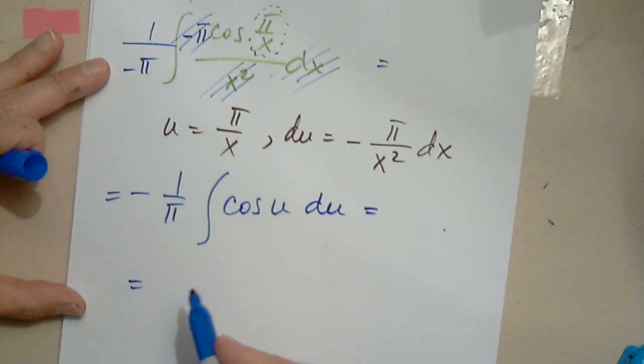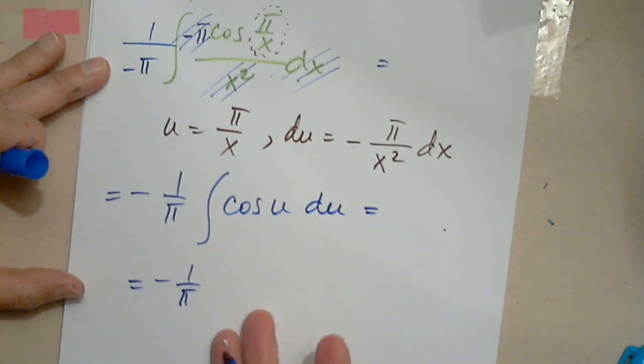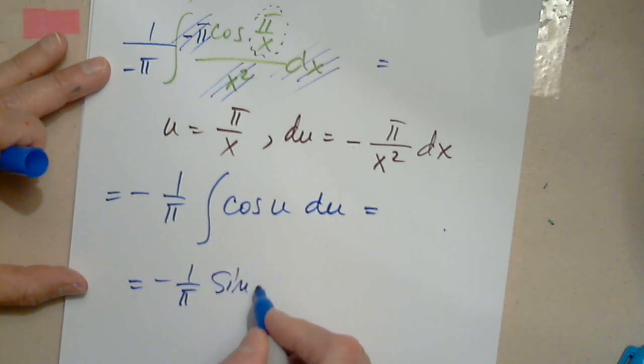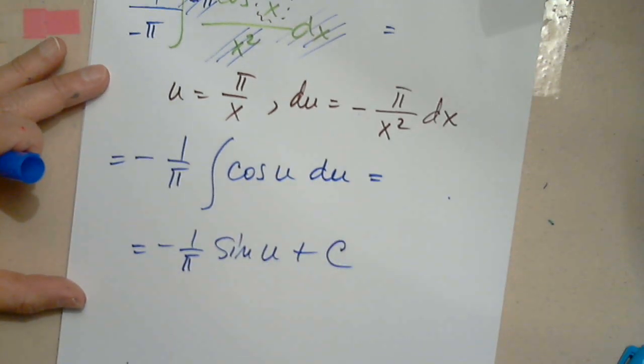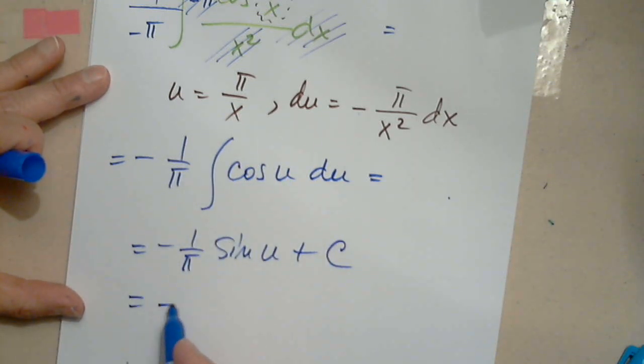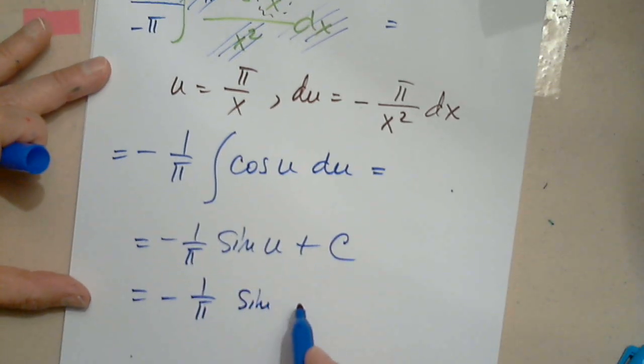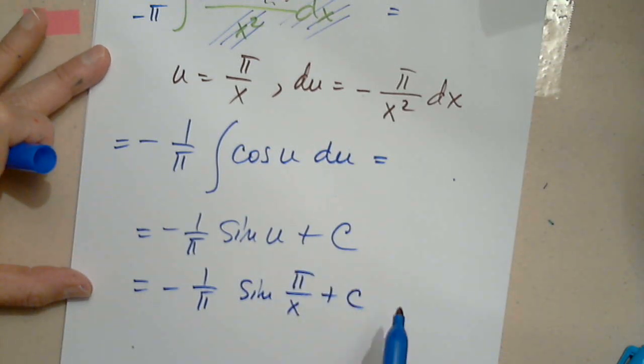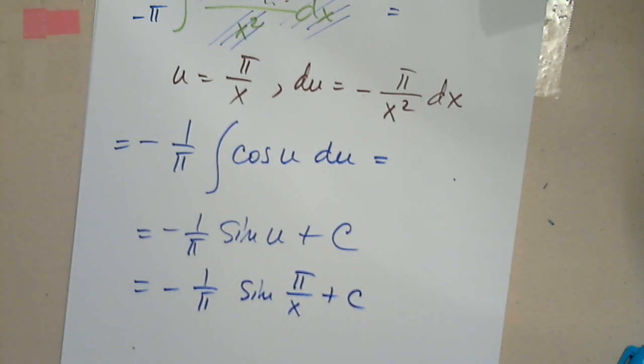And now this is easy. Negative 1 over pi, which function prime is cosine? Sine u plus a constant c. It's an indefinite integral, so I have to go back to the notation. So I have negative 1 over pi sine of pi over x plus a constant c. Any questions here? If not, I will choose more problems.